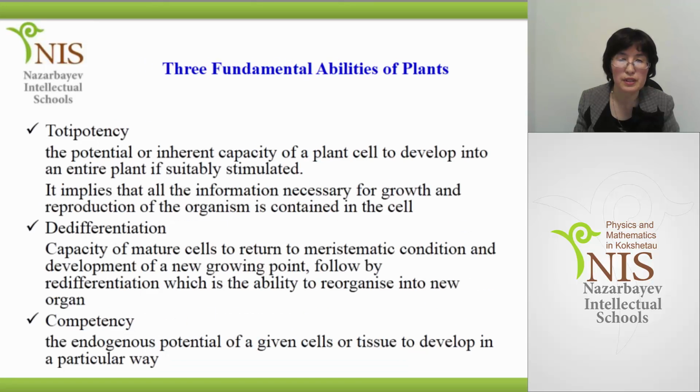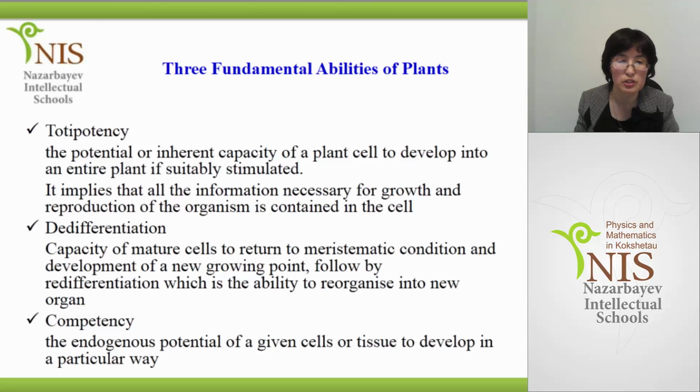And three fundamental abilities of plants: totipotency, the potential or inherent capacity of a plant cell to develop into an entire plant if suitably stimulated. It implies that all the information necessary for growth and reproduction of the organism is contained in the cell.